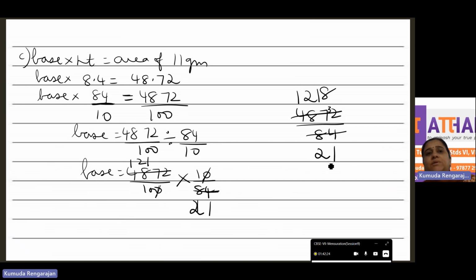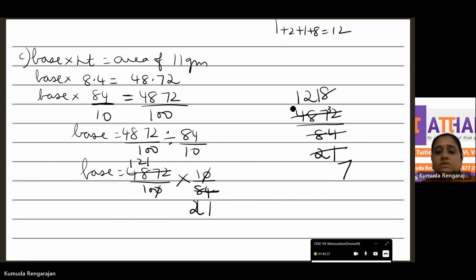Now this is divisible by 3, because what is 1 plus 2 plus 1 plus 8? It's 12, so it's divisible by 3. 3 fours are 12. Then you take the next digit 1. It's not enough, so you add a 0 and then take 8. 18. 3 sixes are 18.